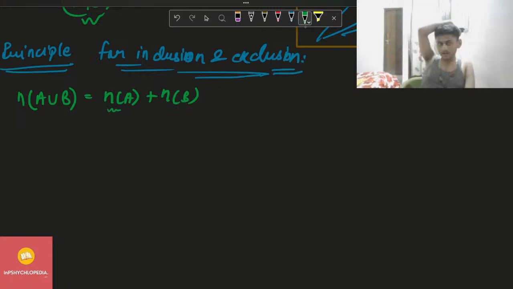We can also add and subtract sets, but that is a bit different. Minus n of A intersection B, because when we add these, the common part is added 2 times, so we subtract it 1 time. So this is one thing.